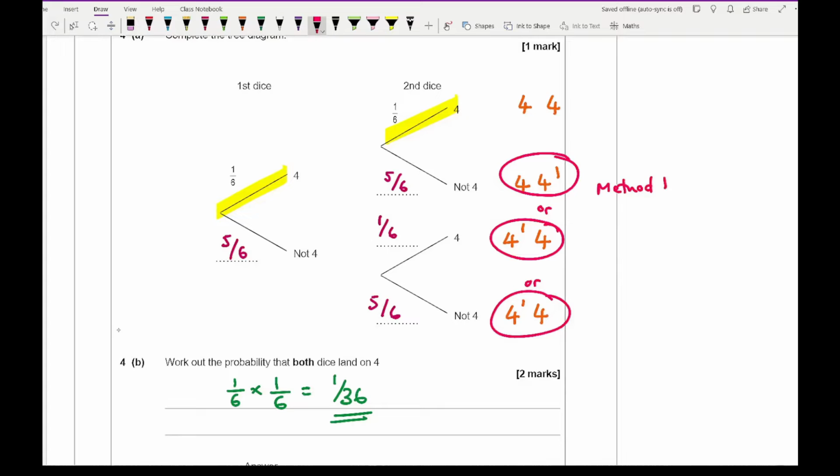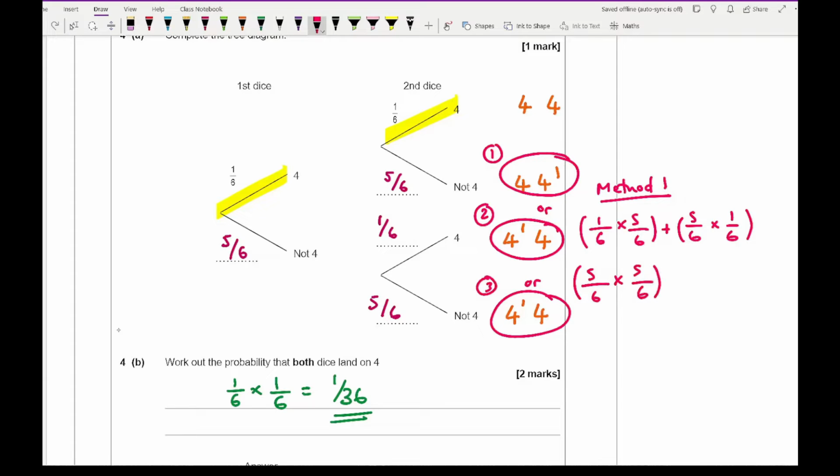So method 1, we can do that by doing 1/6 times 5/6. That's the first one. Number 2, 'or' means add. So we're going to do 5/6 times 1/6. And then the third one is going to be 5/6 times 5/6, and we're adding those.